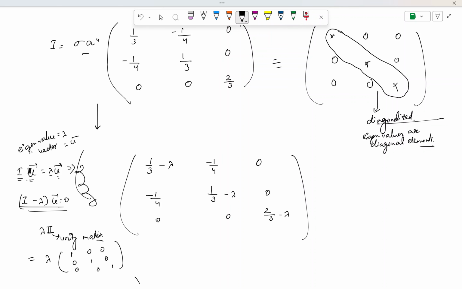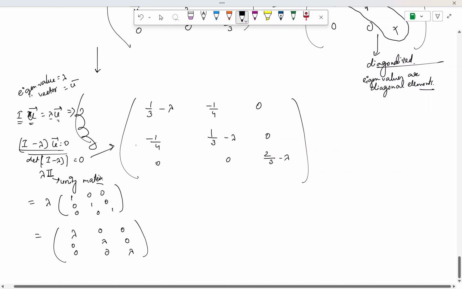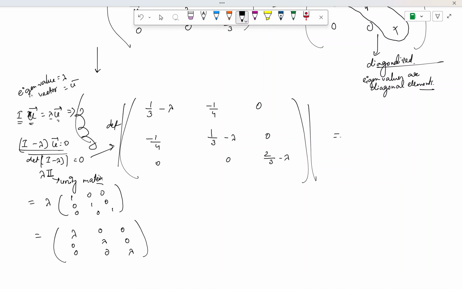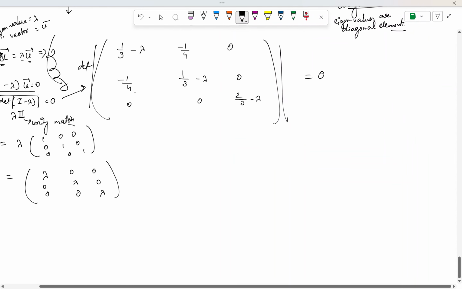Because this is a matrix, you can also say that the determinant of this I minus lambda matrix will be equal to 0. So if this is the I minus lambda matrix that we have constructed, then the determinant of this matrix equal to 0 gives the eigenvalue lambda.